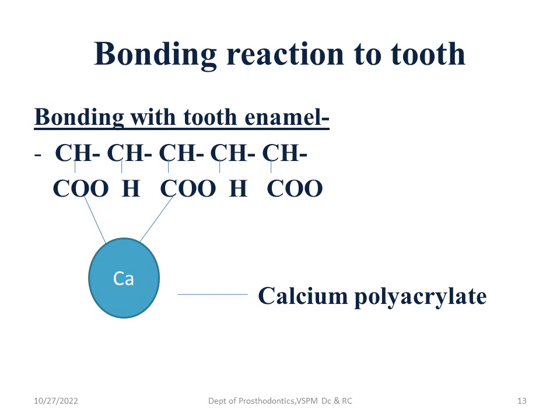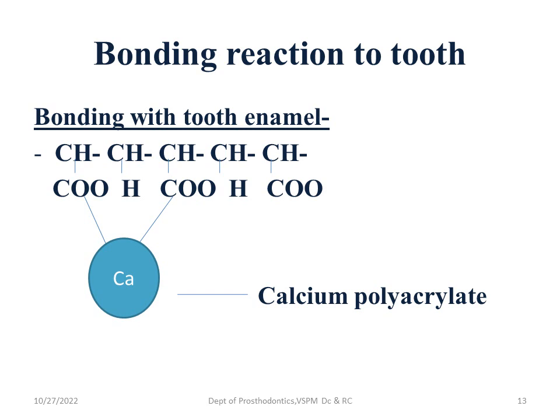Now how the reaction occurs with the tooth. You will have to explain the bonding with the tooth enamel and the bonding with the tooth dentin. Now as we all know, the inorganic component of enamel is more as compared to the organic component.